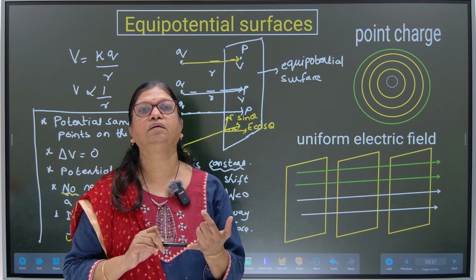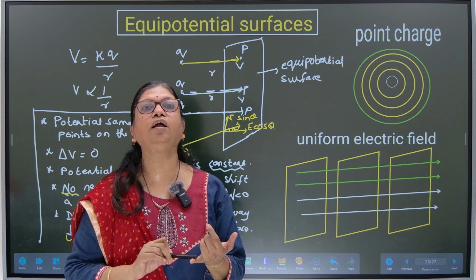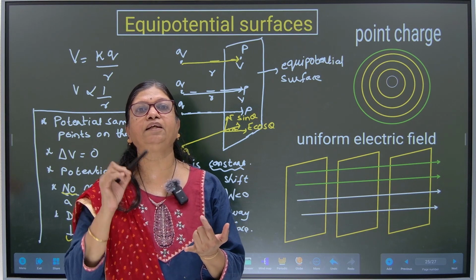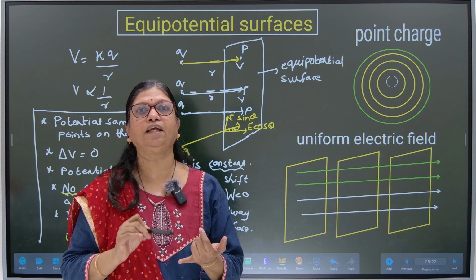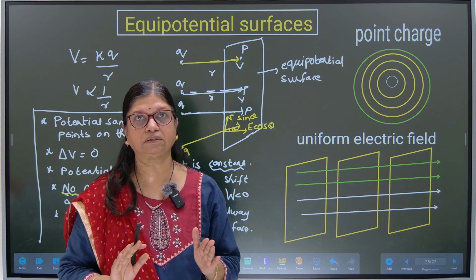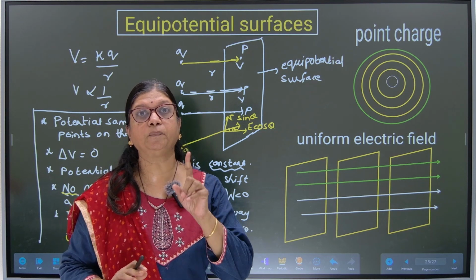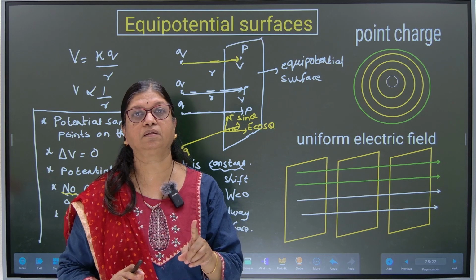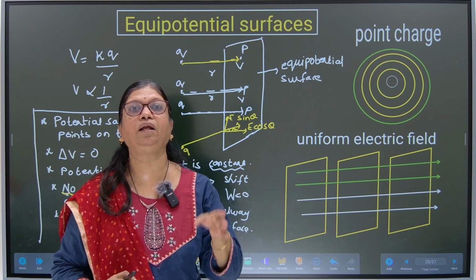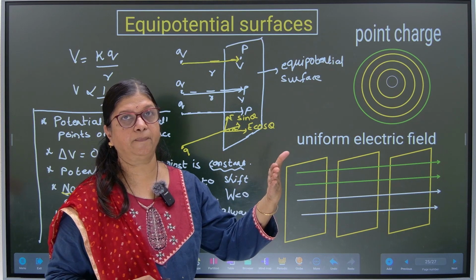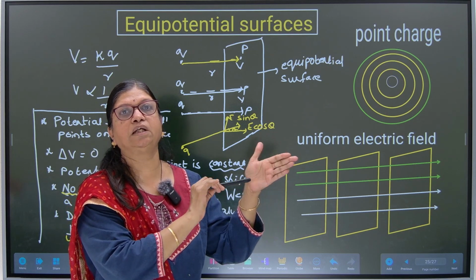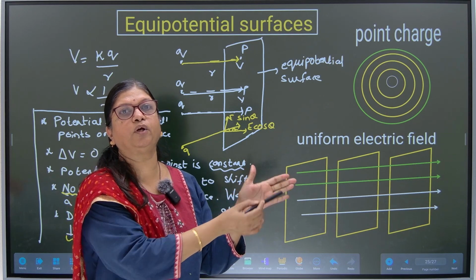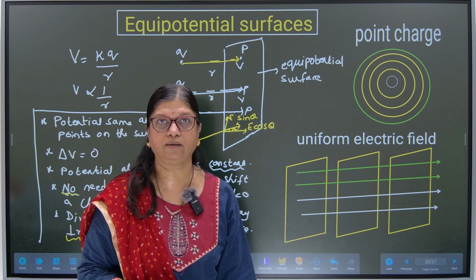Agreed? So, if at all the electric field line were not perpendicular to the equipotential surface, there would be one component of the electric field along the surface, because of which, to shift a charge from one point to another point, I would have to do some work.